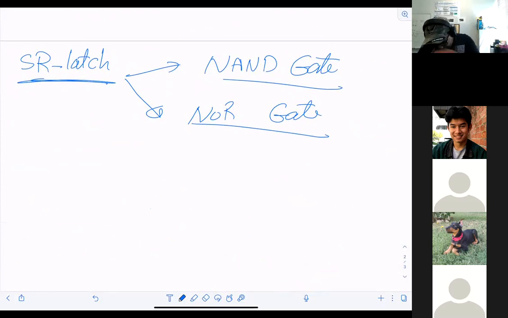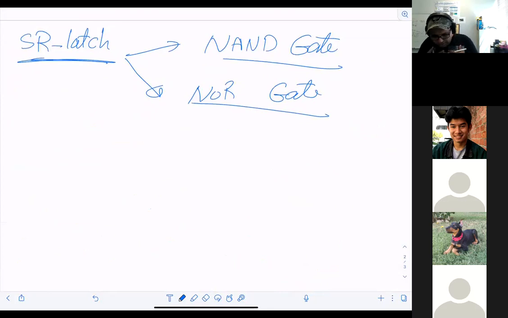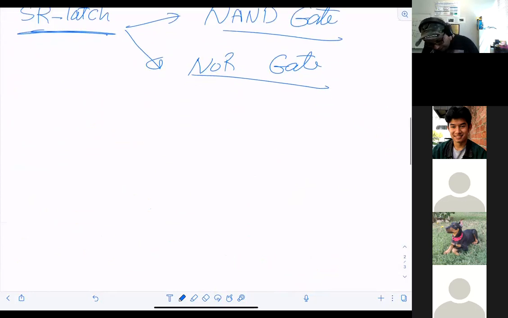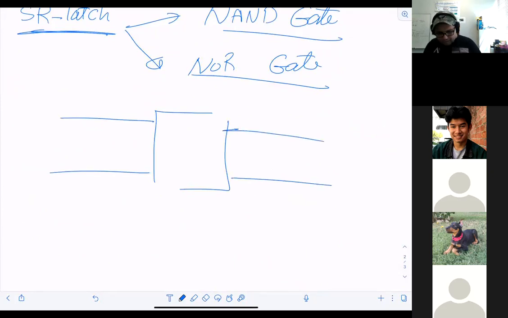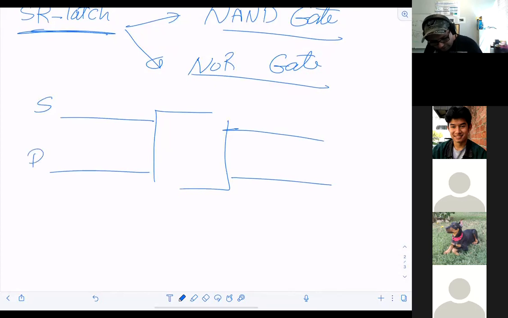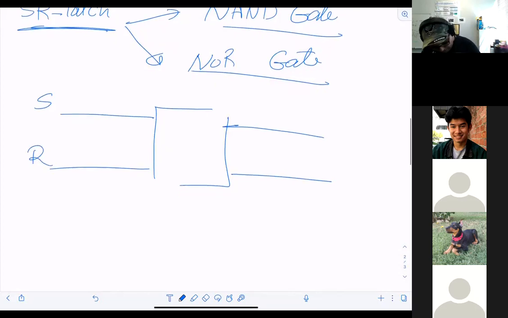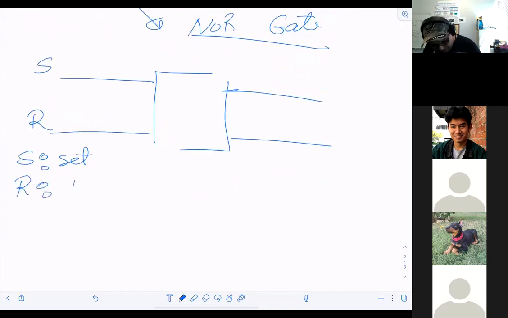Okay. Anyway, if I'm studying, what exactly am I expecting? Basically to study and see whether this latch is really storing data or not. So the latch is a box like this. It has 2 inputs and 2 outputs. The latch is based on set and reset. S is set, R is reset.